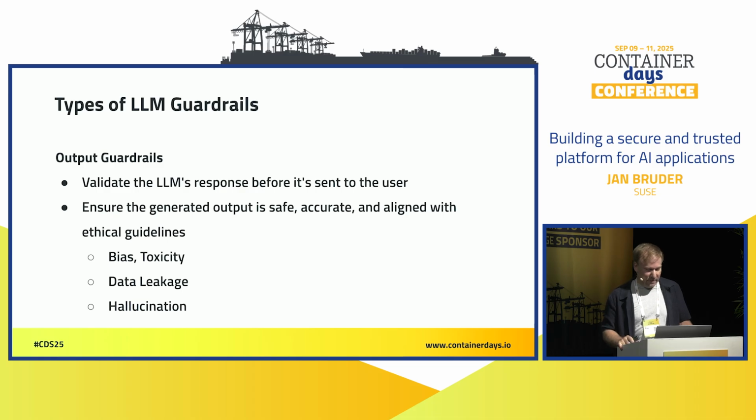On the output side, we validate the LLM responses, and this helps with a plethora of different things. So it helps with the bias problem. It helps to prevent toxic language from being returned to the user. And it also helps with other typical problems of LLMs like hallucination.